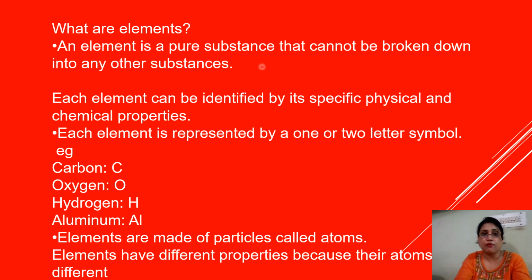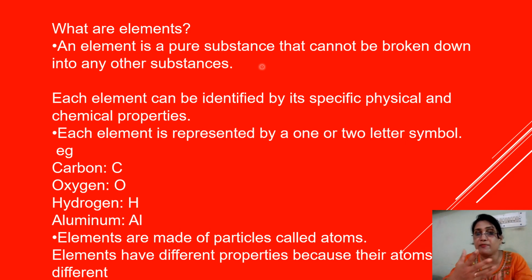Just like if we take water, H2O, it can be broken down into hydrogen and oxygen. But if we take gold or iron or copper or carbon or oxygen, it cannot be broken down into some other element. Each element can be identified by its specific physical and chemical properties.